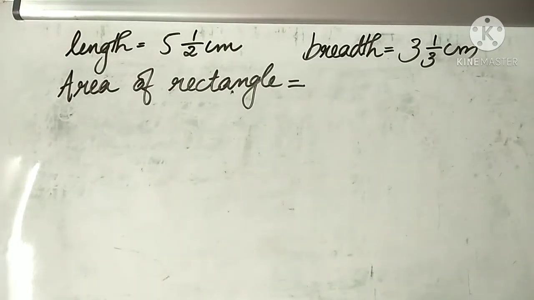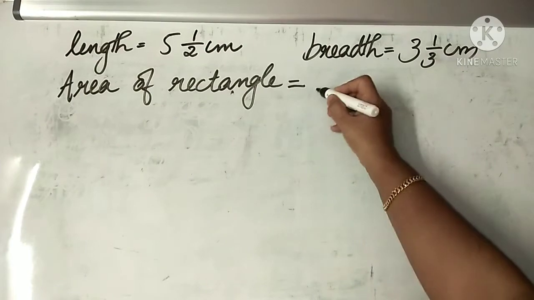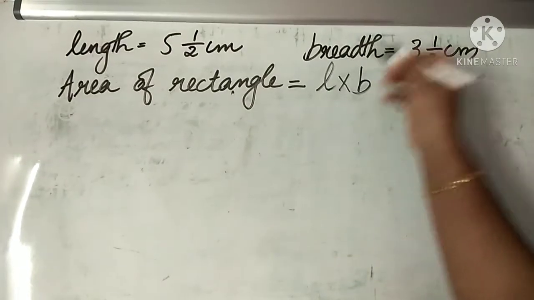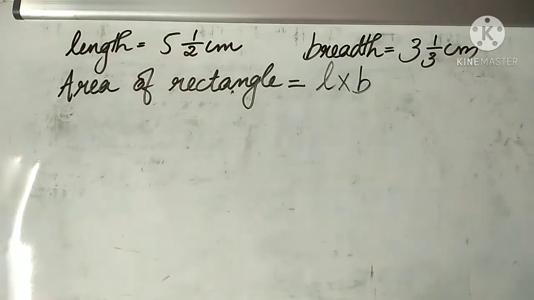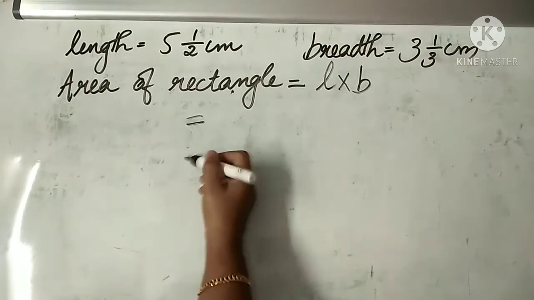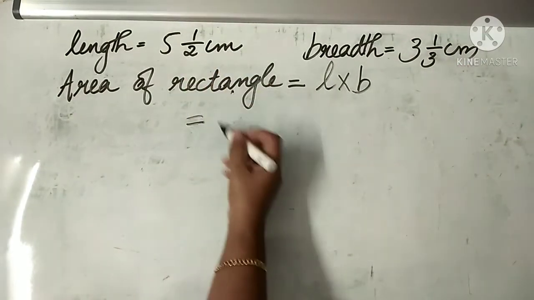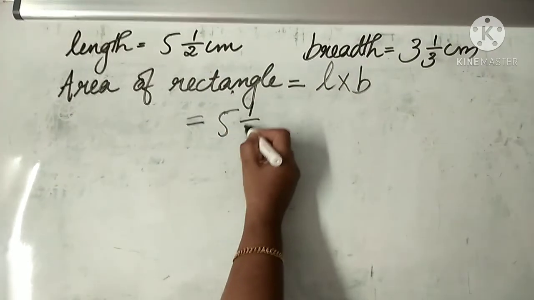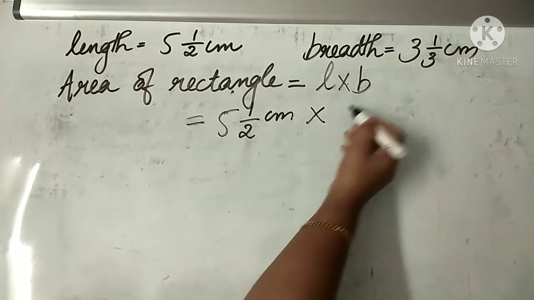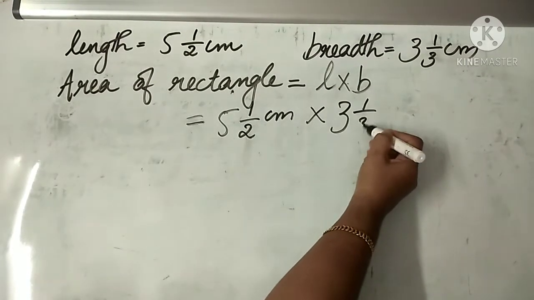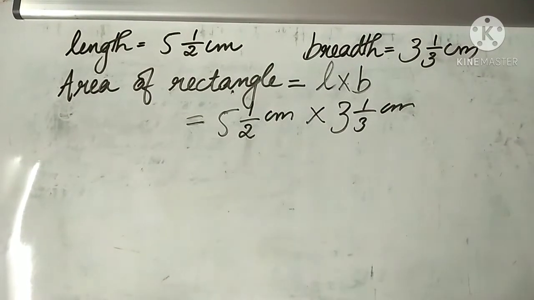We know that area of the rectangle is equal to length into breadth. Okay, now we can substitute the value of length and breadth here. Length is 5 1/2 centimeter into breadth is 3 1/3 centimeter.